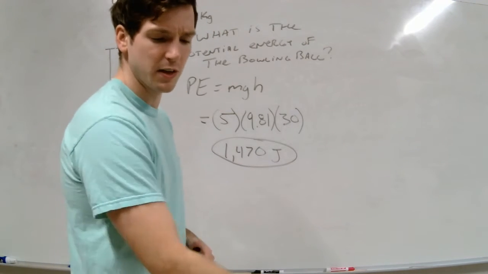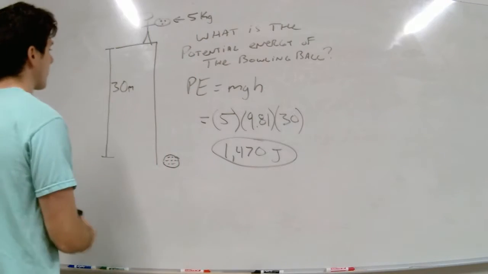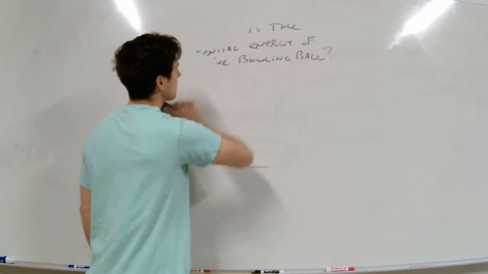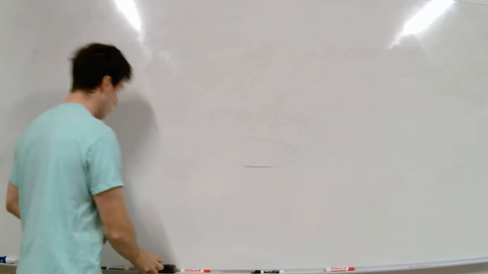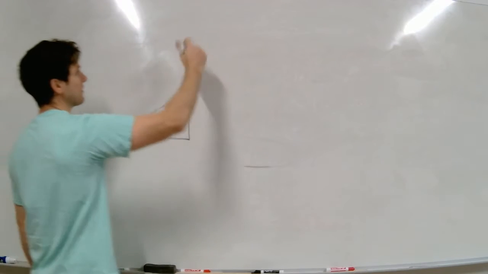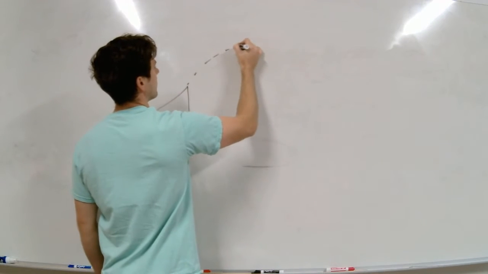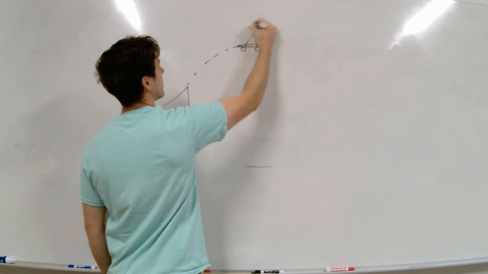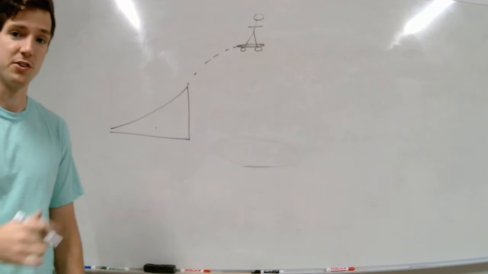Let's do another example real quick. Say you're pretty radical and you skateboard, okay? You go off of this ramp and you're sailing. You don't know where you're gonna land, but you're skateboarding, you're sailing.